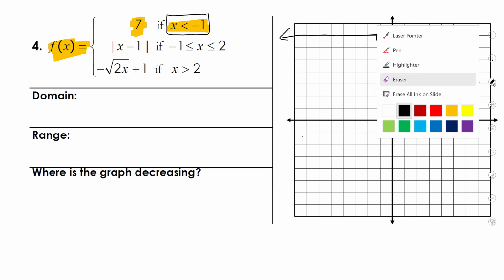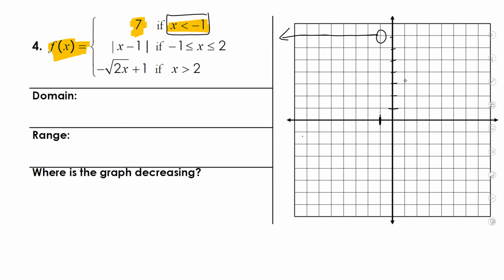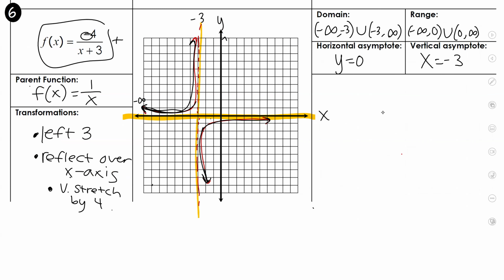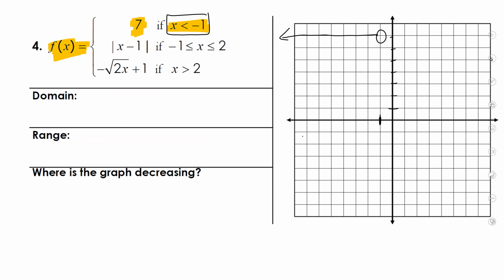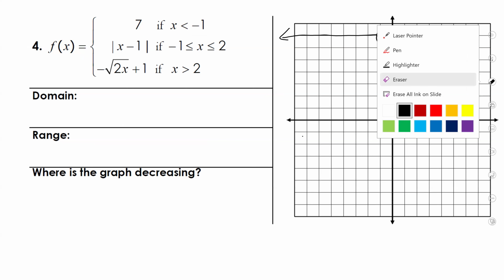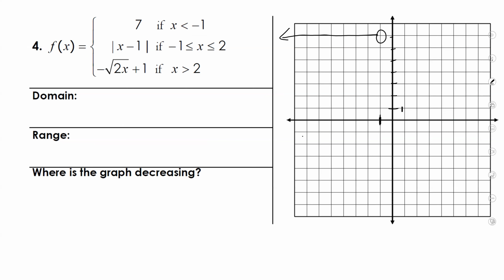Let's go ahead and graph the second one. What happened? There we go. Okay, so let's go ahead and graph the next one. This is an absolute value equation. Let me highlight it for you.